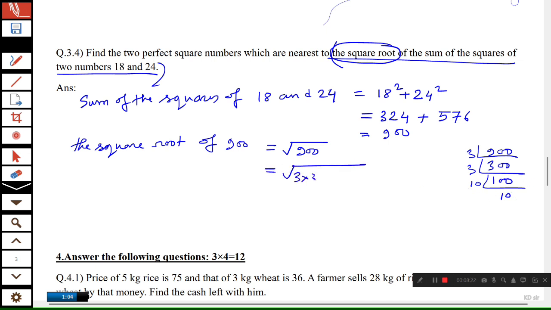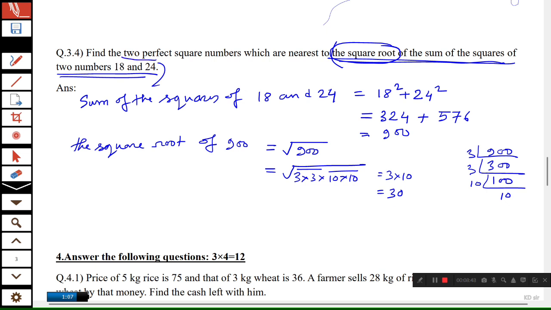So we get 3 into 3 into 10 into 10. So 3 into 10, that means 30. So the result of this statement, we get 30. So the square root of the sum of the squares of two numbers is 30.